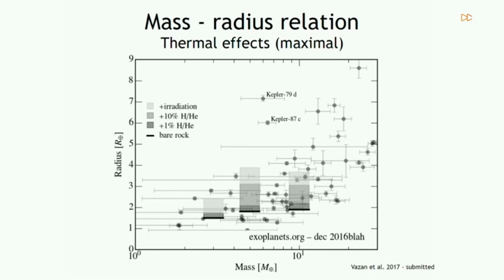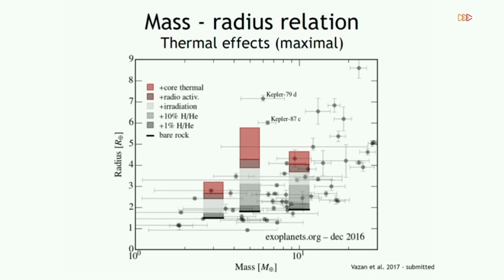It means that if you ask for a larger radius, most of the previous models will just add more hydrogen and helium to reach it. But if we do include the thermal properties of the core, for example radioactive heating, we can contribute this fraction to the radius. If we take core thermal evolution to be much slower due to much higher viscosity, for example, or a mainly conductive core instead of a convective core, you can reach much more in the radius in the long term.